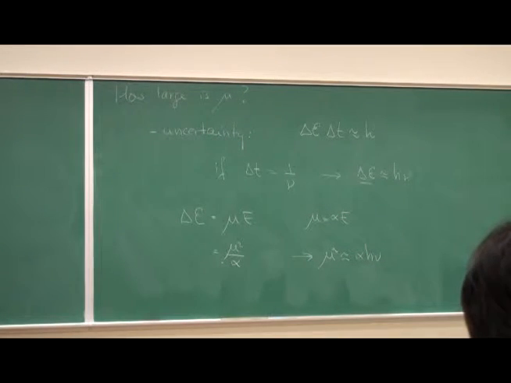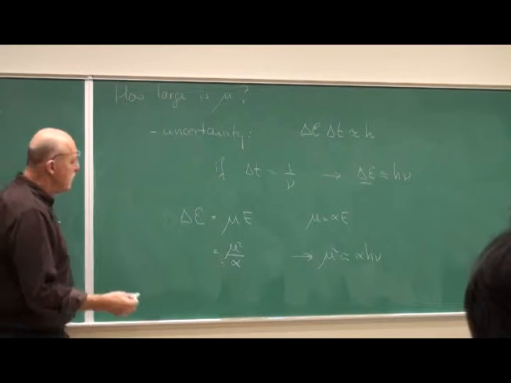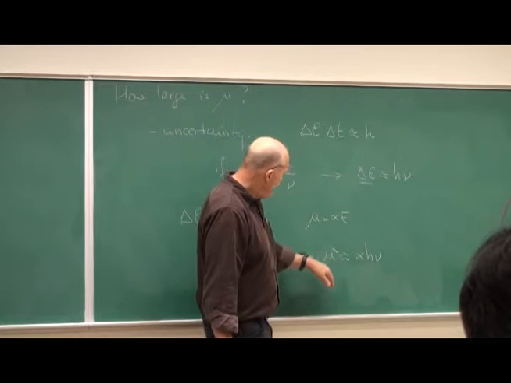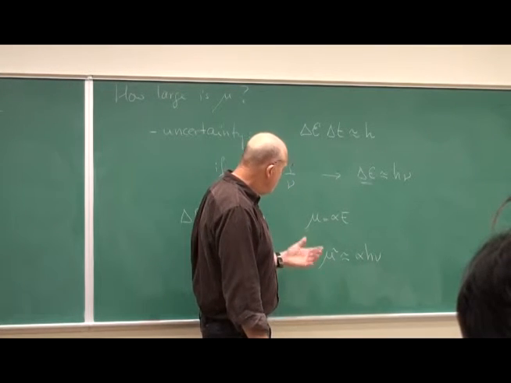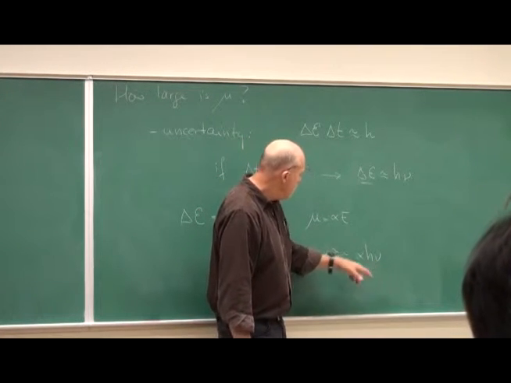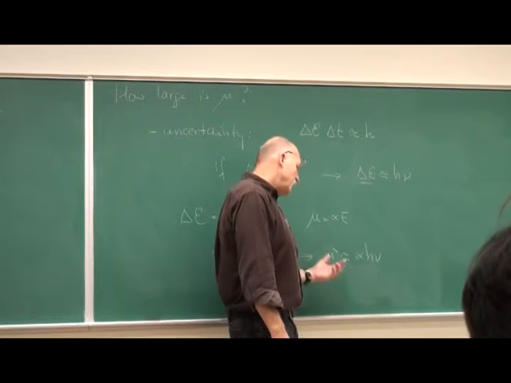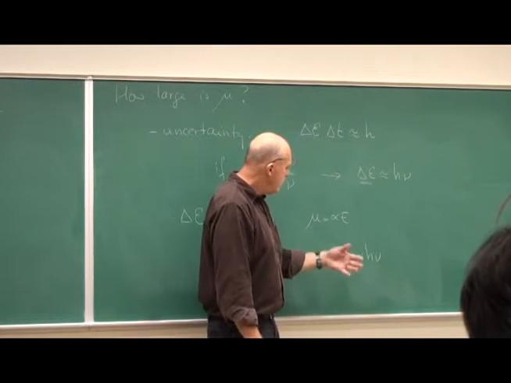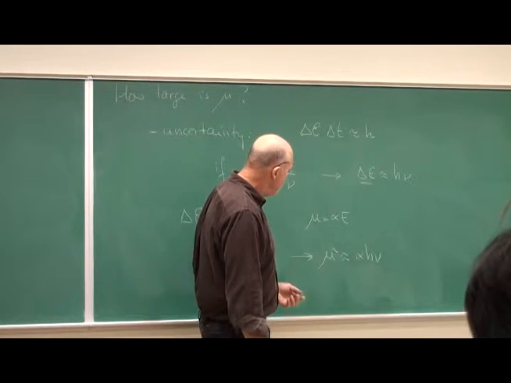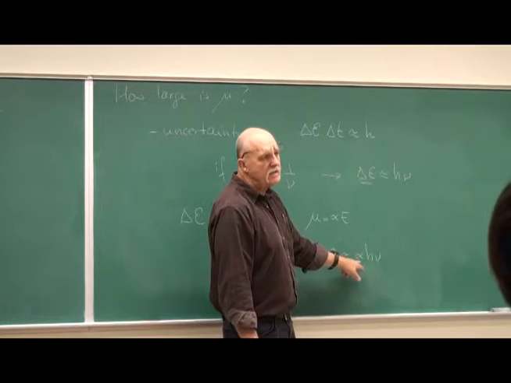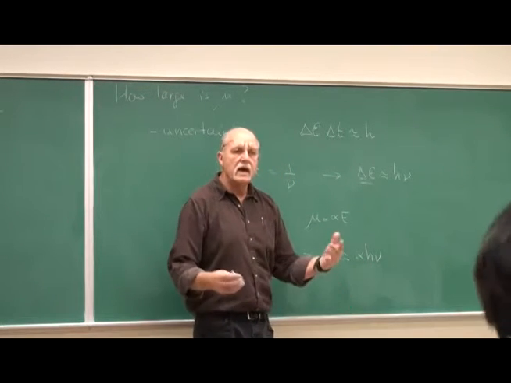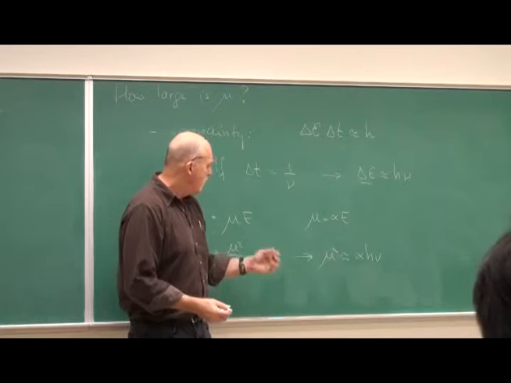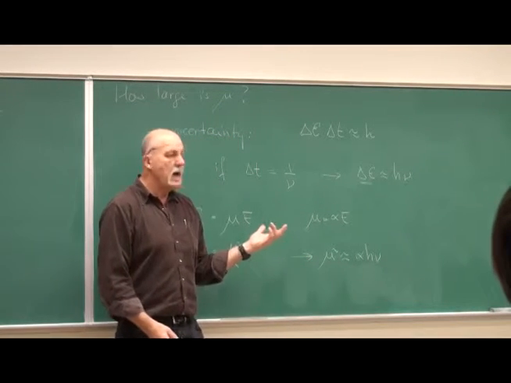So this tells us, at least dimensionally, that the dipole fluctuations have to do with the uncertainty principle related to the frequency, there's some resonant frequency of the system, and the polarizability. So the more polarizable the material is, the bigger these spontaneous dipoles will be.